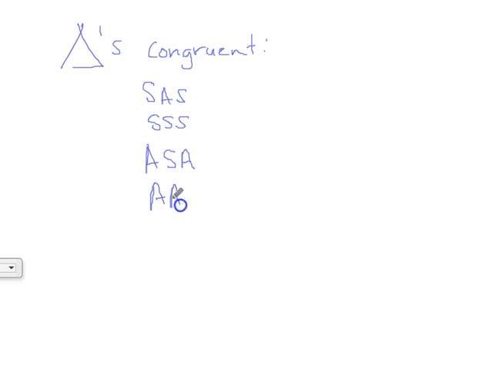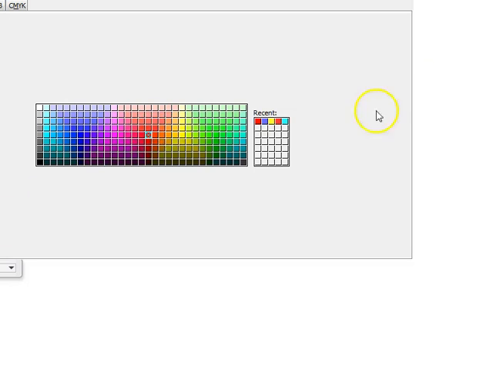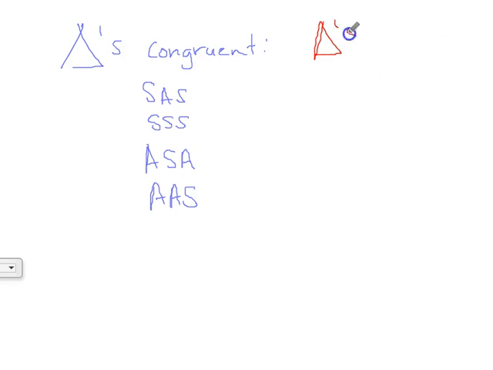And then last but not least, angle, angle, side. So this week we're going to more focus on proving that triangles are not congruent, but that triangles are similar. So that's what we're going to learn about this week and what I'm going to show you in this recording.